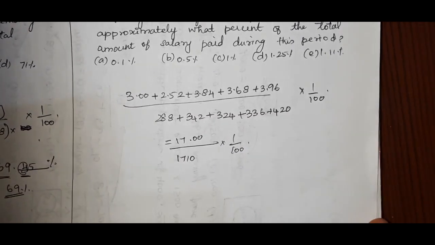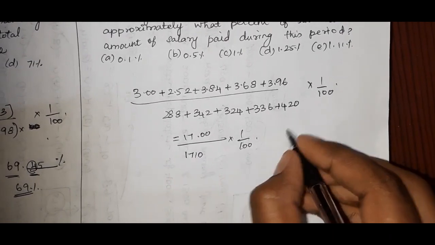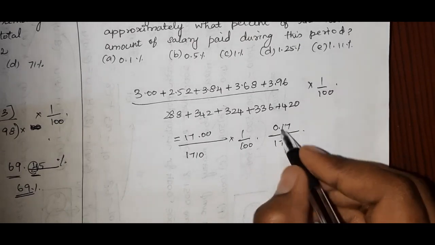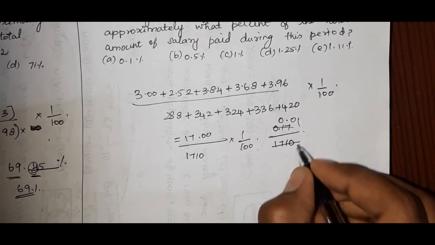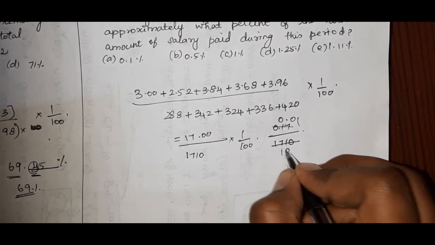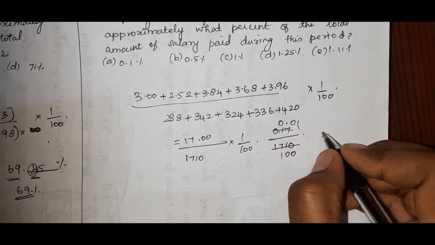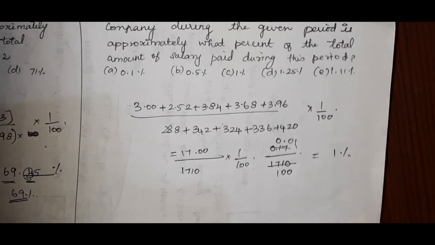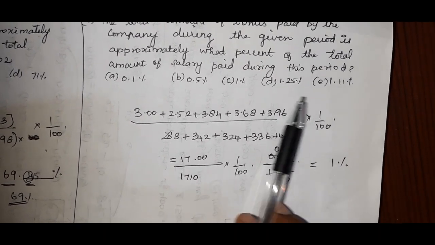This is what we have to find, right? So approximately, we'll be getting 0.17 by 1710, right? By cancelling this, we'll be getting 1, that is 0.01, and by cancelling this, we'll be getting approximately like 100, right? After multiplying this value, we'll be getting the value like 1%. So this is the answer. It is 1% when compared to the salary.